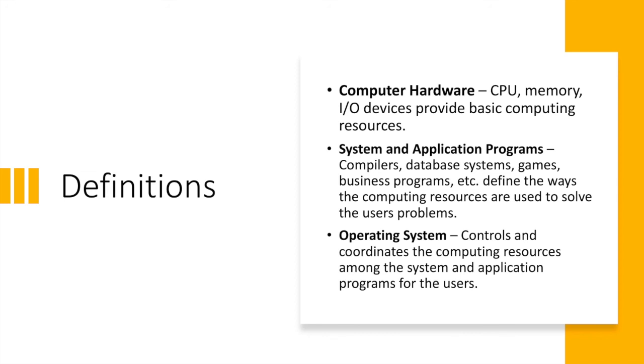These are like the YouTube application or a browser like Chrome. These are all applications which we run on our device. Next is the operating system. It is the layer which helps the application run on the hardware. So this is what we need to understand.